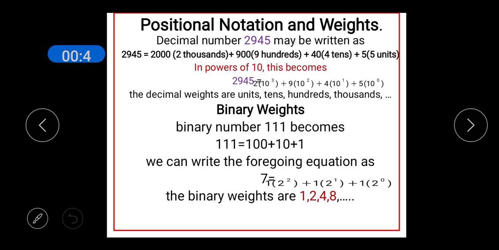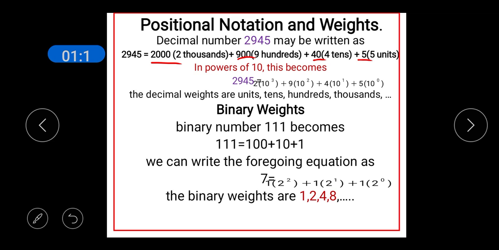First, consider the decimal number system and how to write the weights of a decimal number system. For example, take the number 2945, which can be written as 2000 plus 900 plus 40 plus 5, that is 2000s plus 900s plus 4 tens plus 5 units.